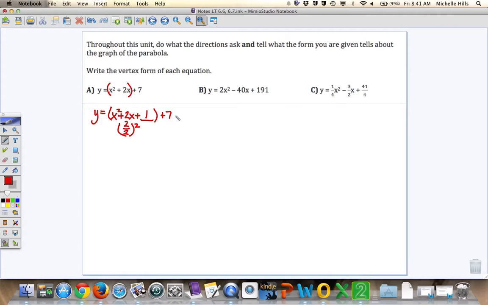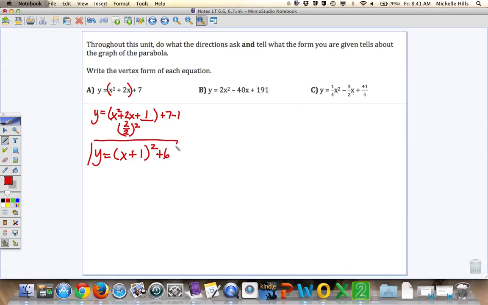Because the 7 is still on this same side of the equation, I've now changed the value of this right side by 1. I've added 1 to this side, so to maintain the balance, I have to subtract 1 out here. So y equals x plus 1 squared, where the plus 1 comes from the 2 divided by 2, and then this becomes plus 6.